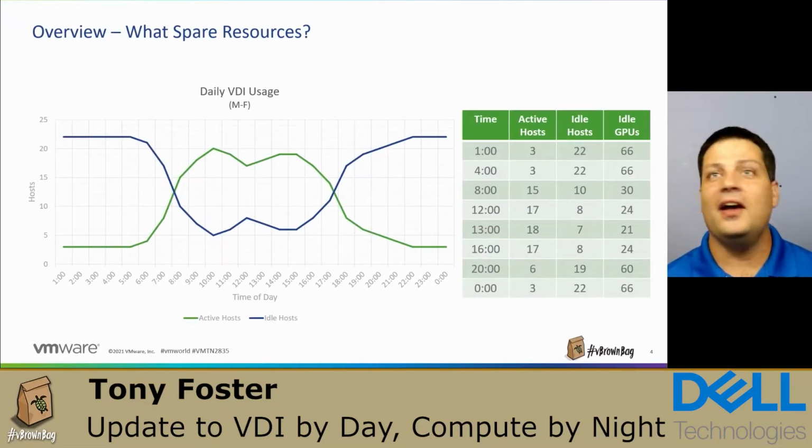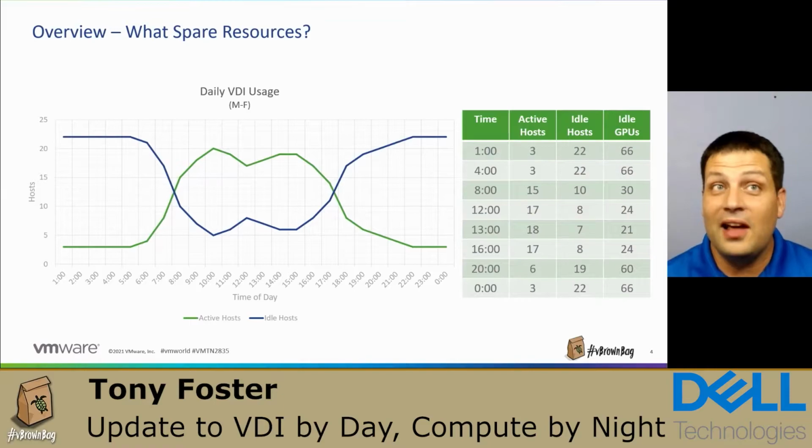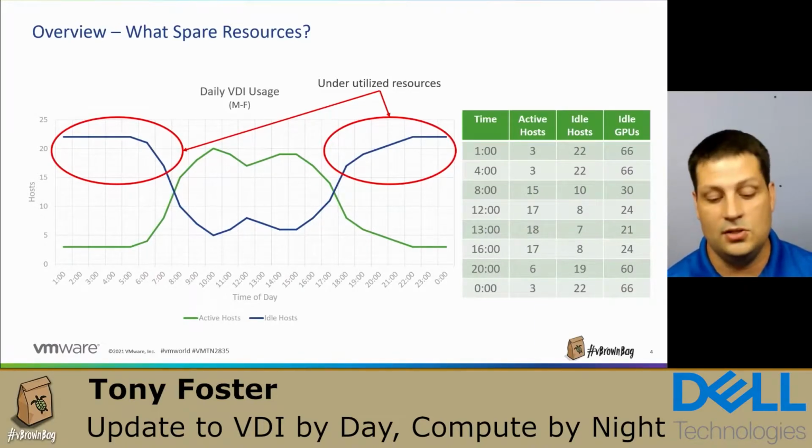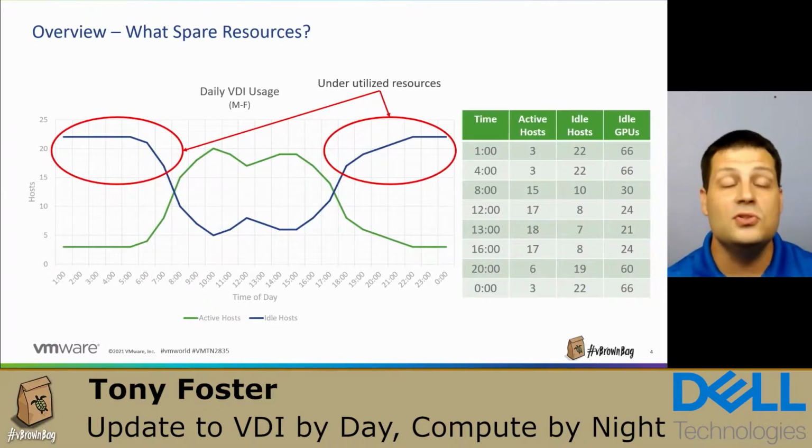That's a lot of GPUs that we've paid a lot of money for and we're not really using. In fact, I'd say those are underutilized resources. And this is where the concept of VDI by day, compute by night comes into play. This is the opportunity to use those underutilized resources for other things inside of the organization, specifically using those GPUs.